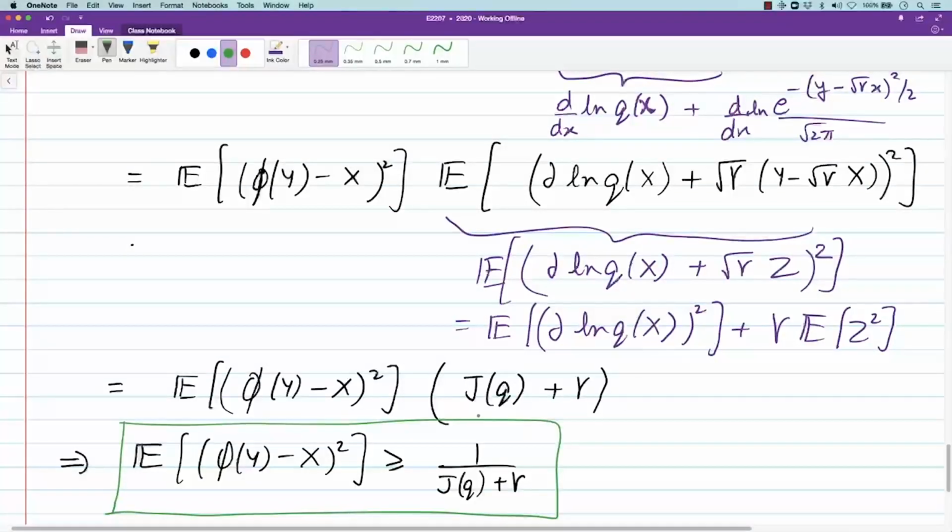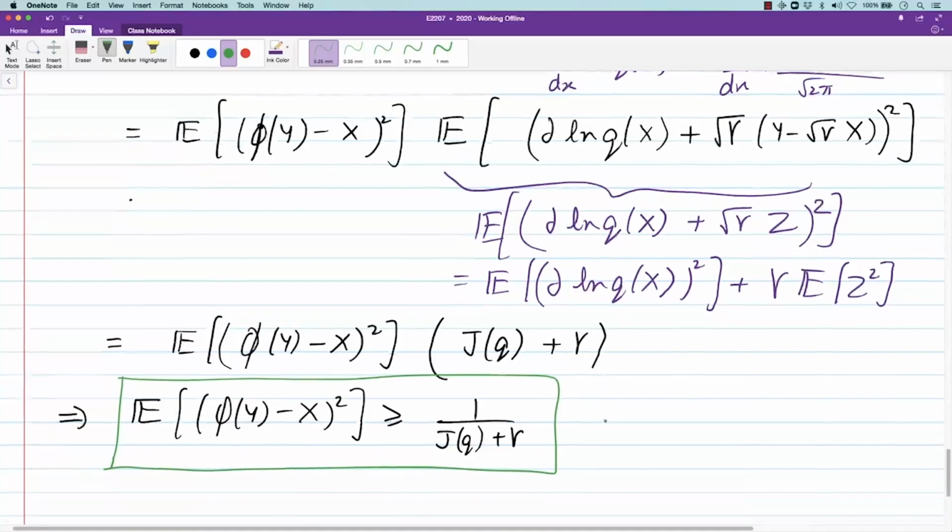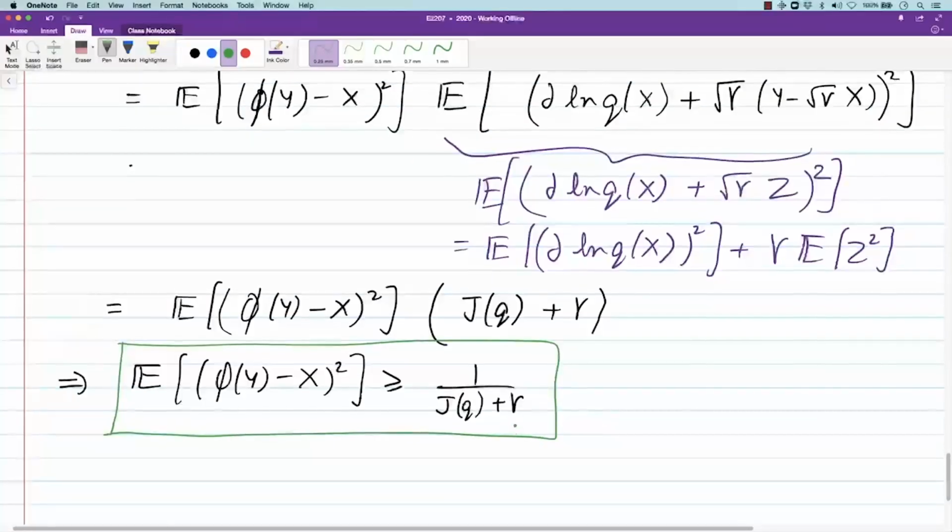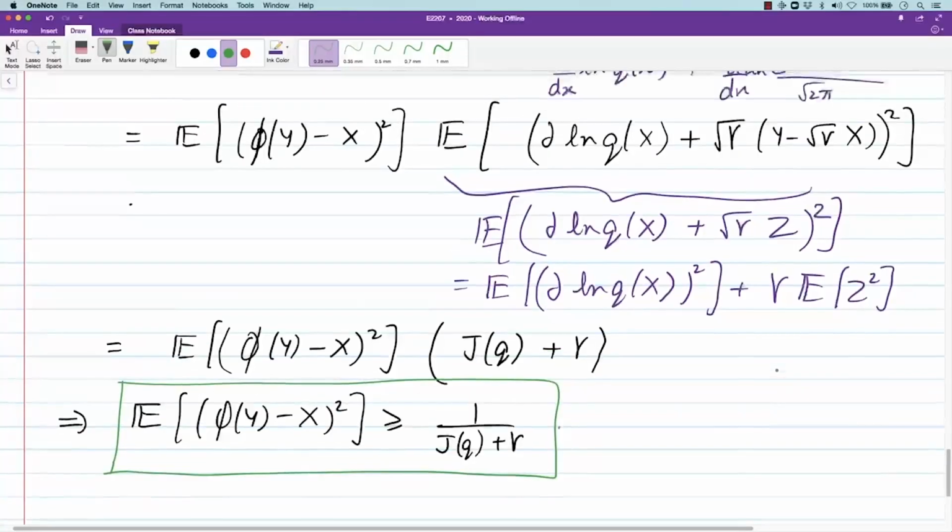So the general form is J(q), the Fisher information of the prior, plus the Fisher information for the channel or the parametric family that you're working with. That's the classic form. In this specific case, that Fisher information is gamma. So this is Van Trees inequality, and this completes the proof of the last component that we used in the proof.